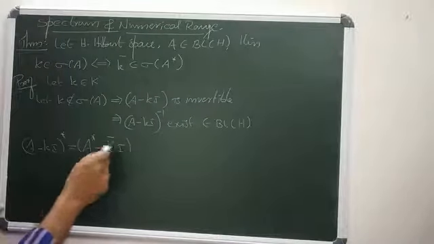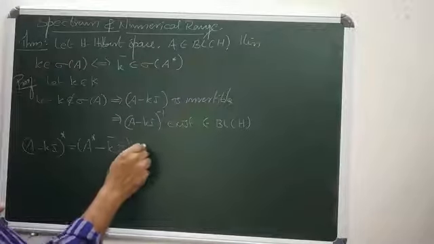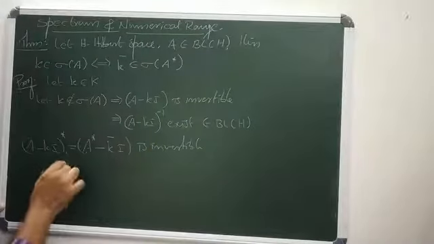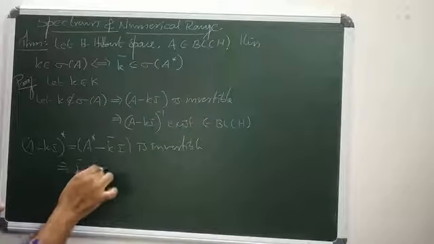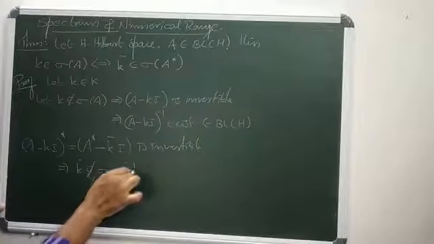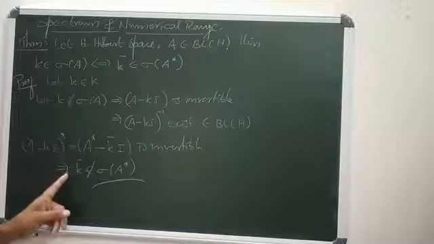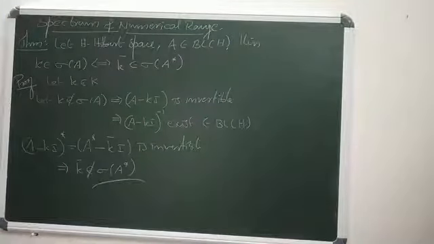That means A star minus K bar I is invertible. This means K bar is outside of sigma A star. When K is outside of sigma A, that implies K bar is outside of sigma A star.